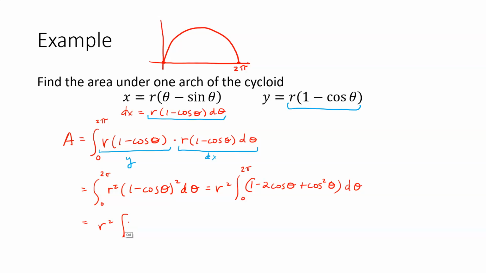And actually, before we integrate, let's use our power reducing formula to rewrite cosine squared as 1/2 (1 plus cosine 2 theta). And then before I integrate, I'm going to combine my constant terms, 1 plus 1/2, so we get 3/2 minus 2 cosine theta plus 1/2 cosine 2 theta.